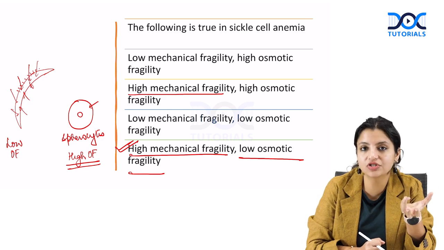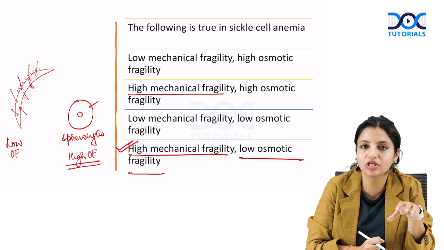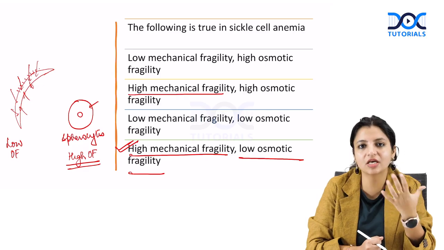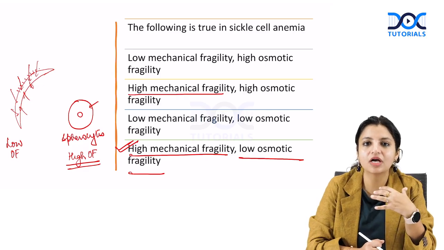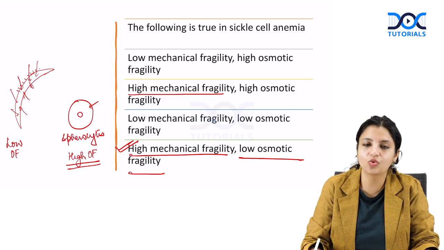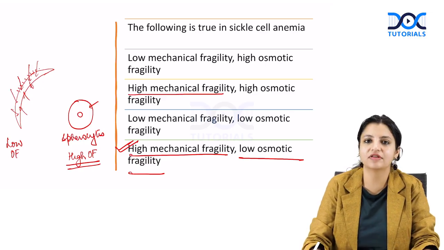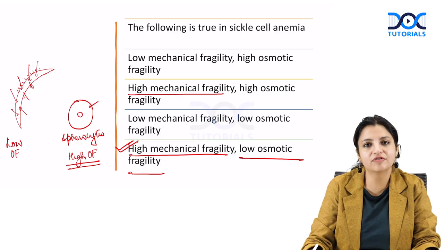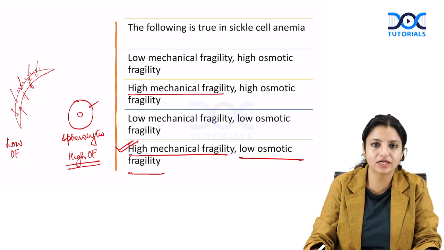But their osmotic fragility is low, because even if you keep them in a solution, they'll keep on taking more and more water and survive. So osmotic fragility of sickle cells is low, but mechanical fragility is very, very high. That's a point everybody should be super clear about, right guys?